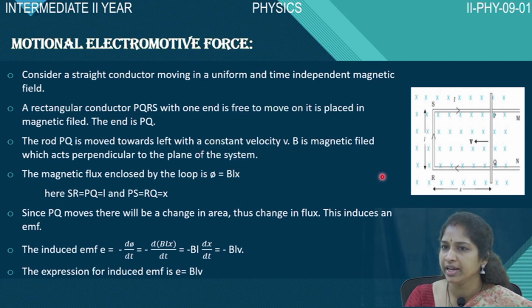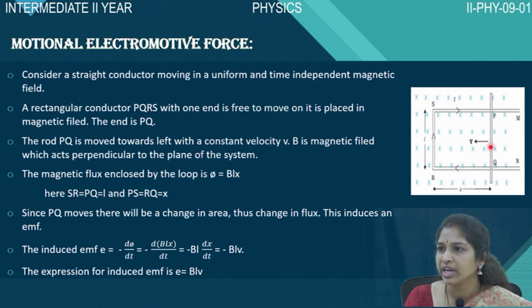I told you already this SR and parallel to that SR is PQ, so both are equal to L. And here PS is equal to RQ, both are equal to X. So the area of that rectangle PQRS is L into X and it is placed in the magnetic field. So the magnetic flux cutting across this area LX is BLX.